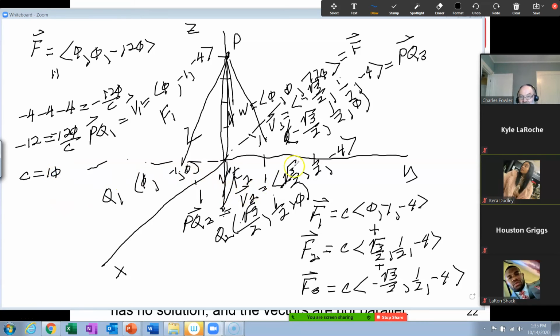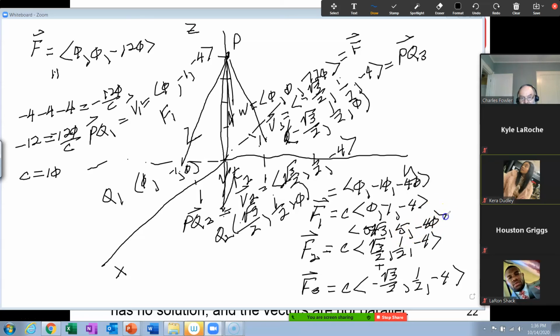Okay, well then all you have to do is multiply 10 times each of these, and that would be 0, minus 10, minus 40. This would be, yuck, 5 root 3, 5, minus 40.